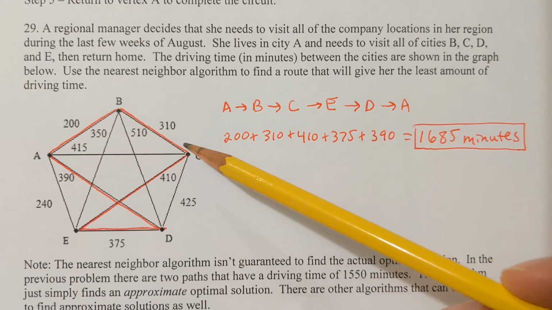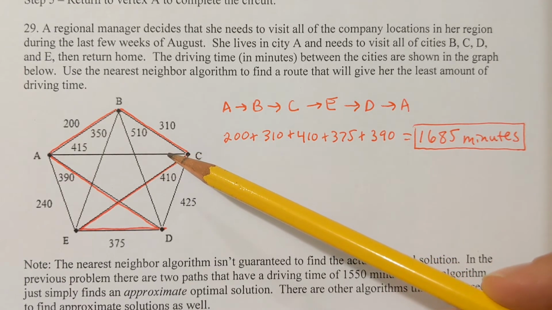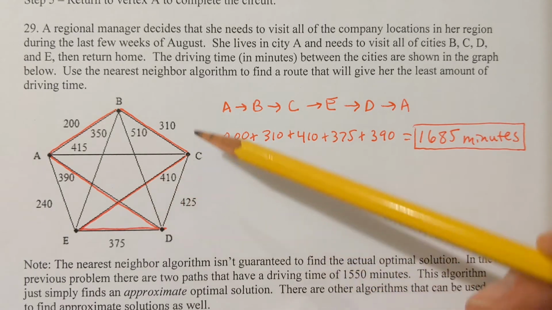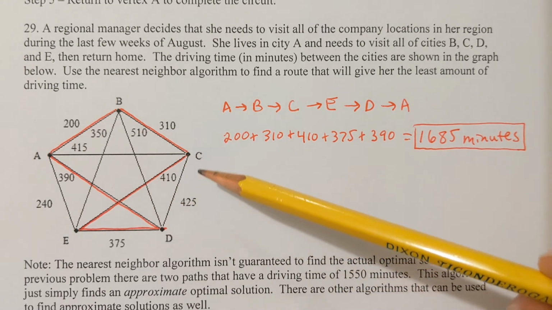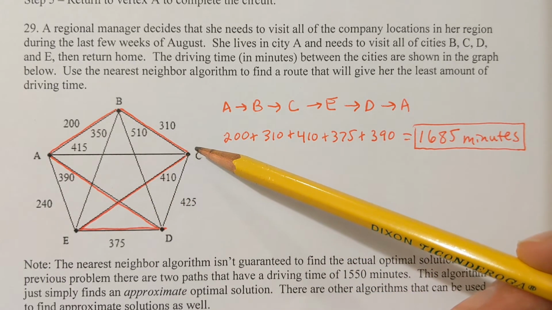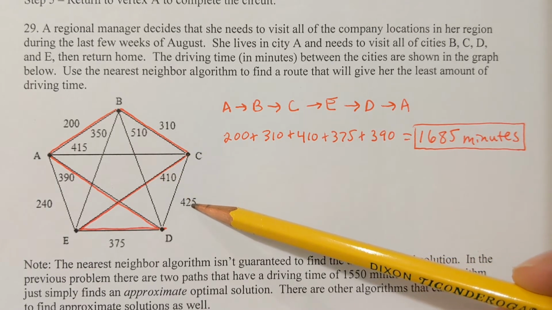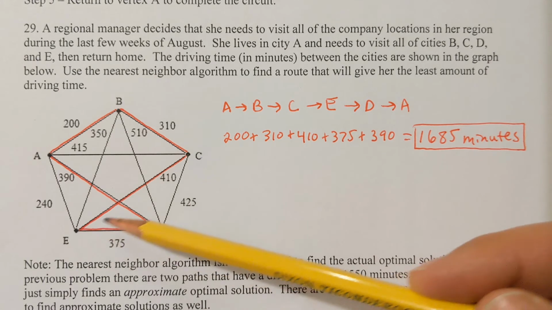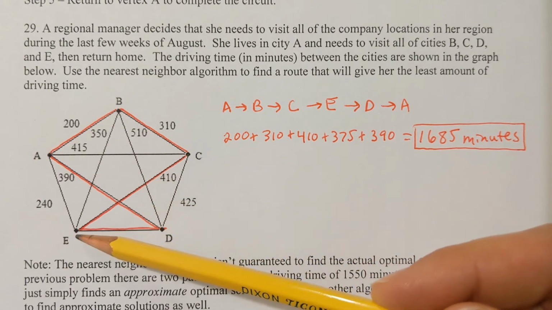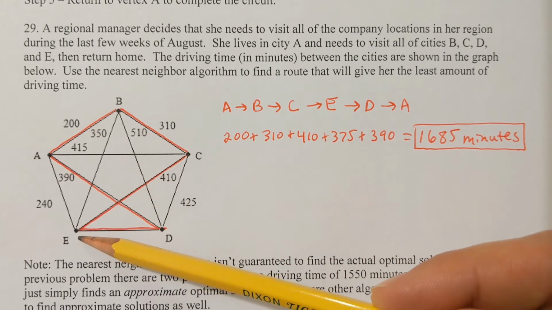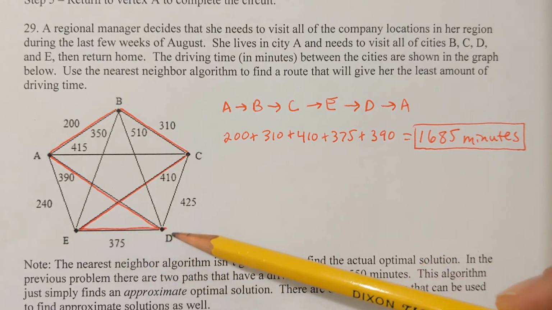Now again, I don't want to form a circuit unless I visit all the vertices. Let's see, 415, 410, 425, so 410, I take down to E, and from E I have to go to D, right?